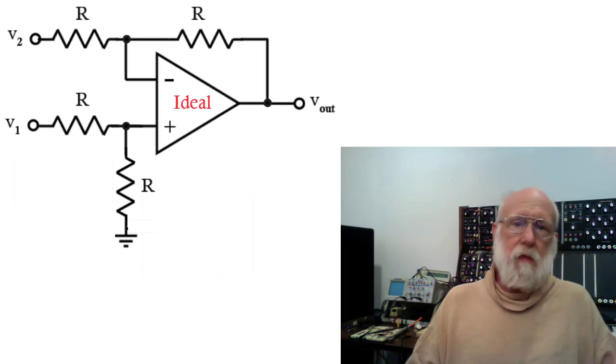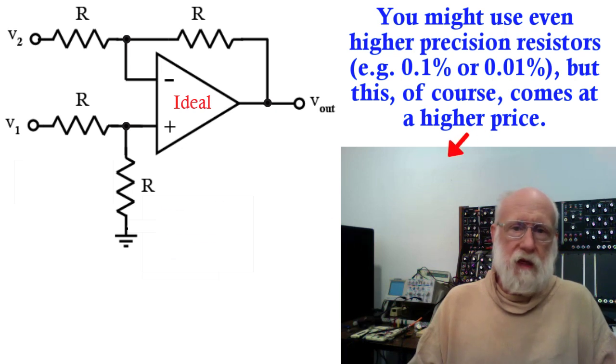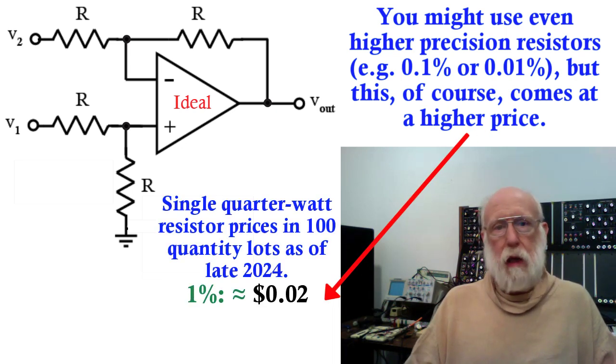To begin with, you're probably going to pick 1% resistors for those four resistors, so they will be fairly closely matched.